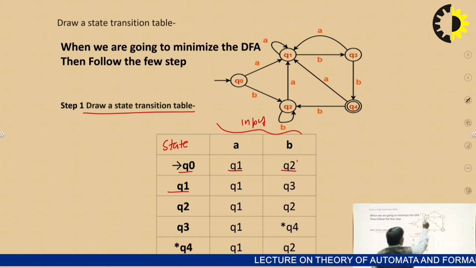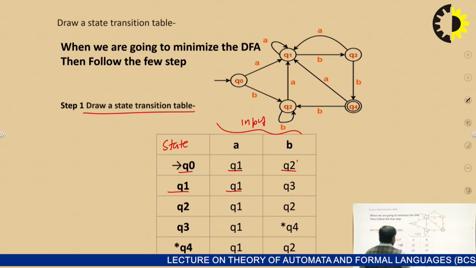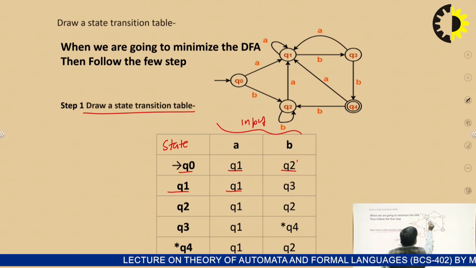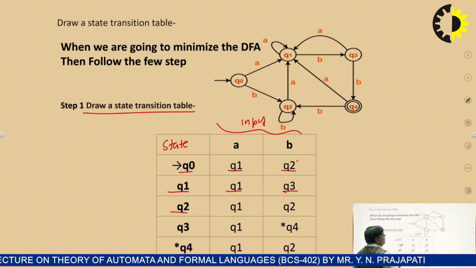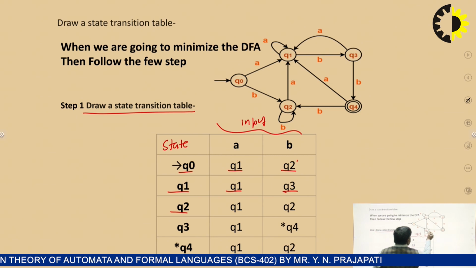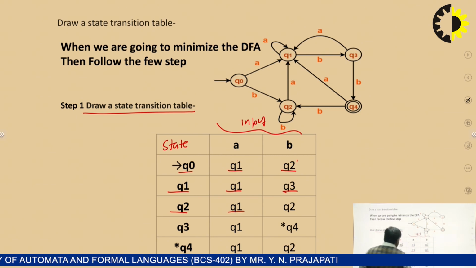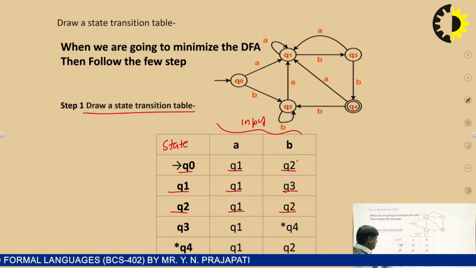On Q1, with A we move to Q1, and with B we move to Q3. Similarly, on Q2 with A, we move to Q1, and with B we again move to Q2.